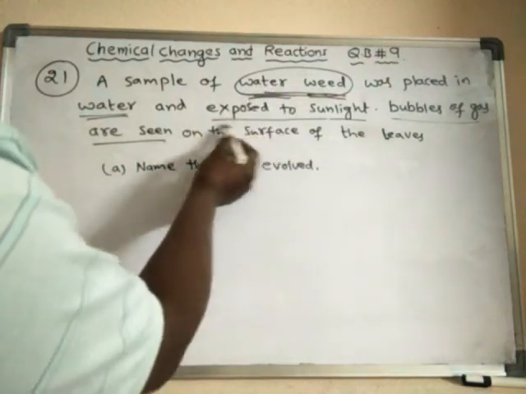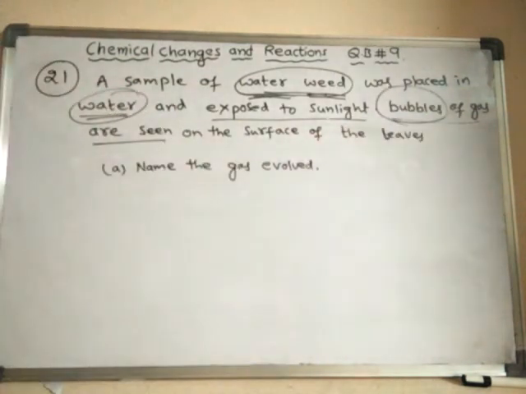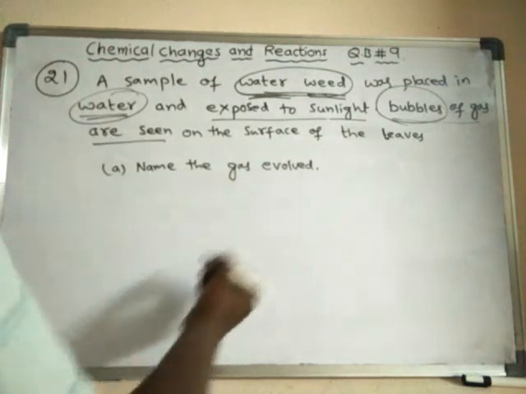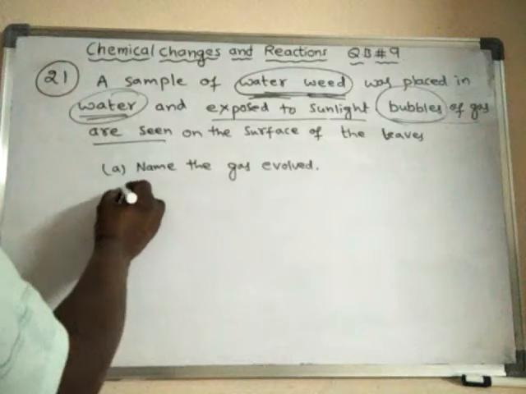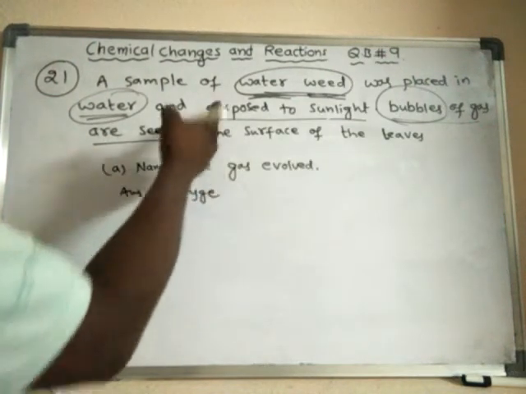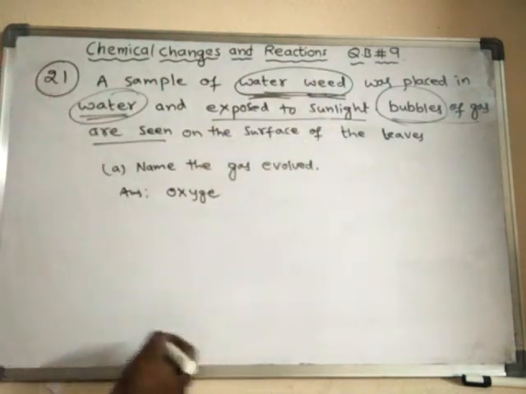As it is in water, that gas will form bubbles. So what is the name of the gas evolved? The answer is oxygen, because this plant will undergo photosynthesis.